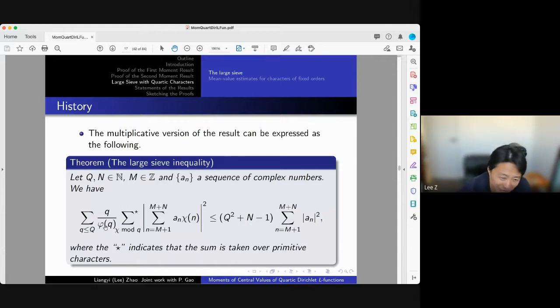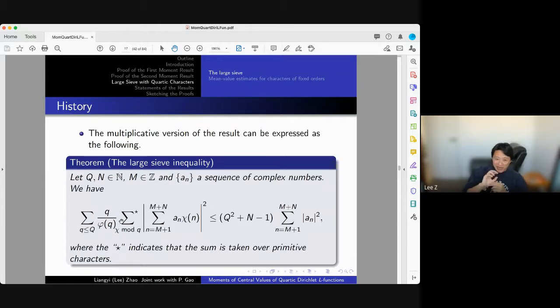This q over phi of q, you can think of that as 1 if you want, waving your hands up and down. So this is bounded above by q squared plus n minus 1, multiplied by the square of the L2 norm of this a_n here. Where the star here says chi runs over primitive characters only.